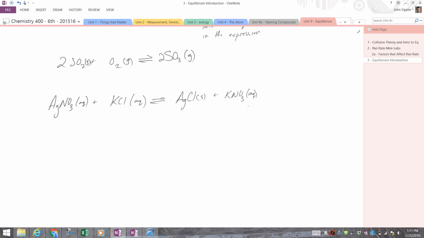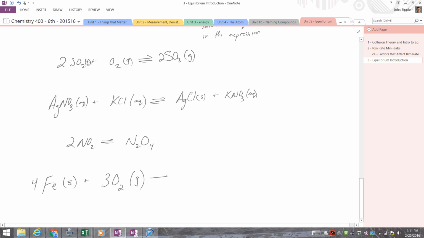Find a few more that I wrote down. About 2NO2. There's 4 of them. Oops, then 2O2. These are gases.